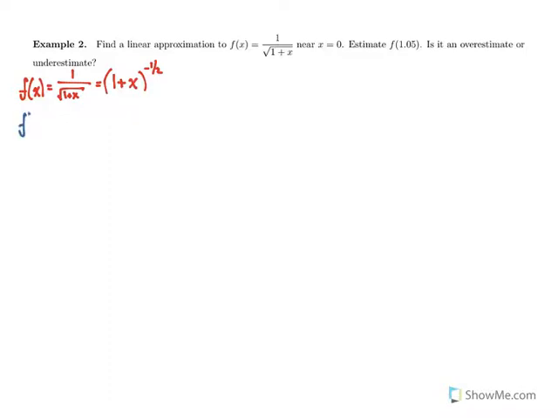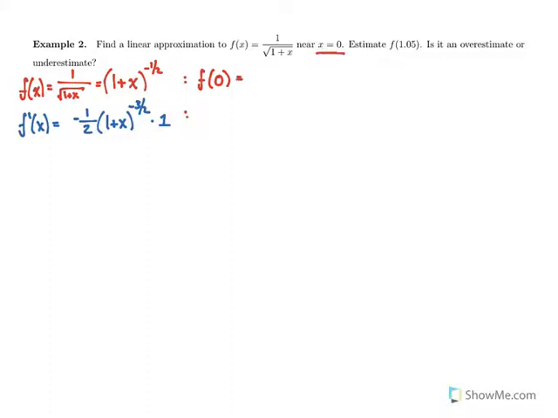The derivative using the chain rule is going to be negative 1/2 times (1 plus x) to the negative 3/2 times the derivative of the inside, which is 1. And again, what we care about here is not really the functions themselves, but finding the function where we plug in 0, because that's where our tangent line is centered at.